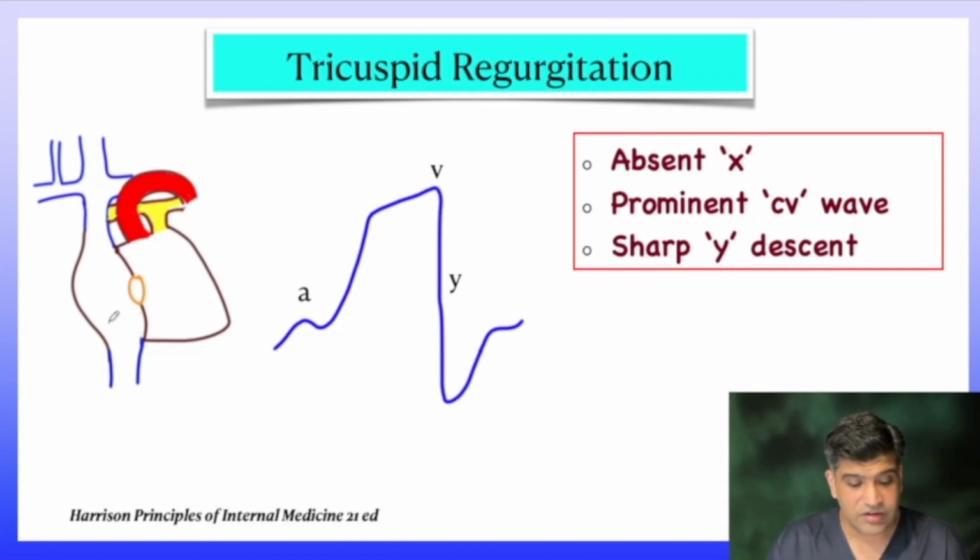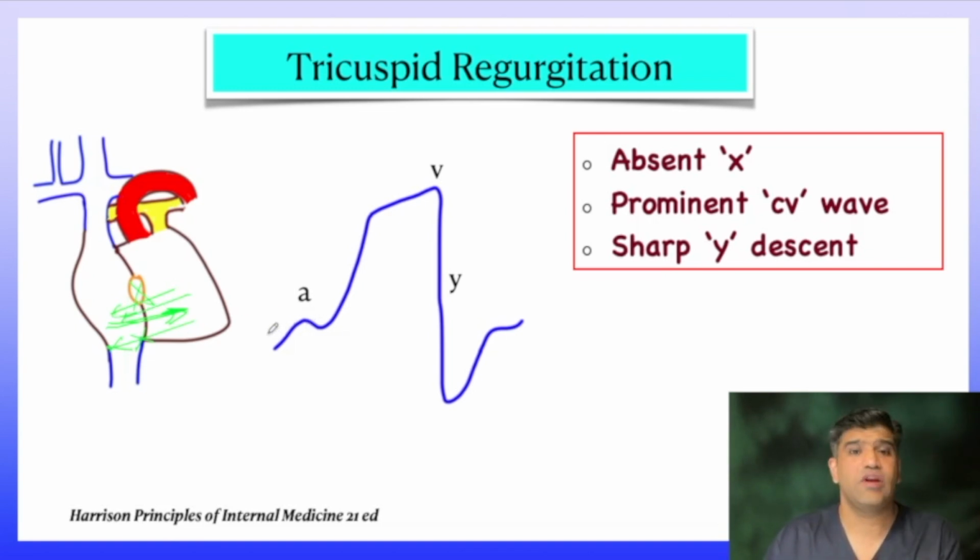So the direction of blood should be this. The tricuspid valve should close and the blood should not come here. But in tricuspid regurgitation, what happens? The blood goes from RA to the RV. The tricuspid valve closes, but it does not close properly. So there is leaking of blood from RV to the RA.